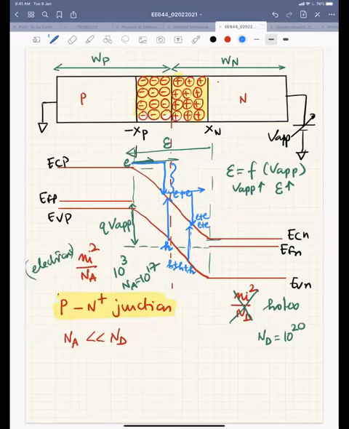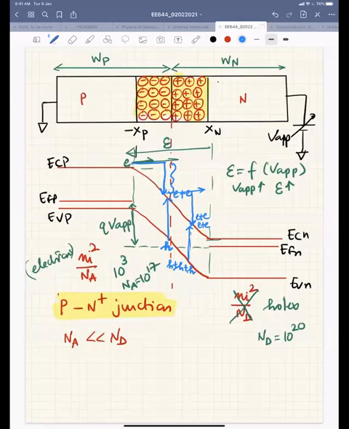Excite means this is an interaction process: electrons give energy to the lattice, and now the lattice has some extra energy so that an electron from the valence band goes to the conduction band. This is called avalanche multiplication.